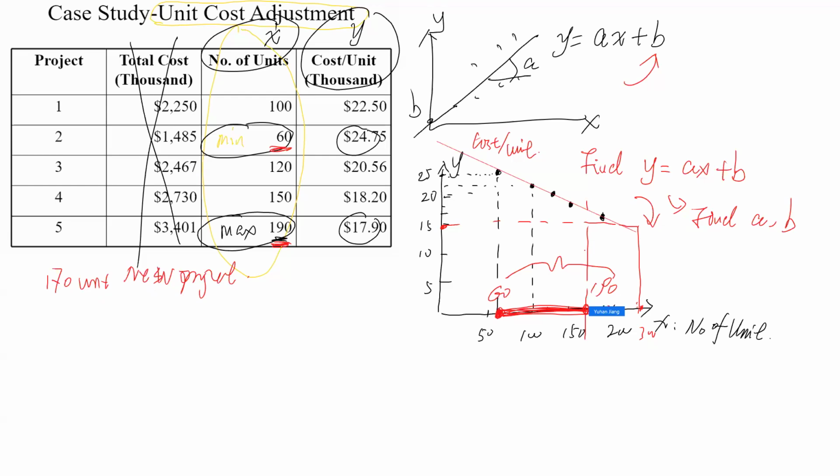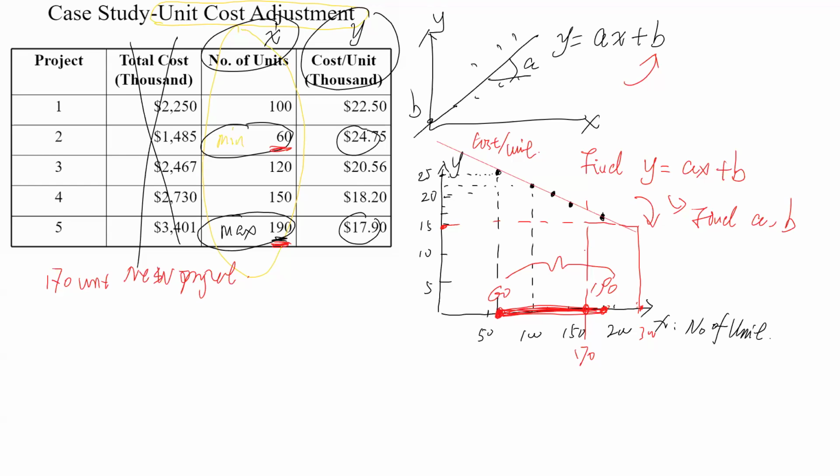That means if we define this straight line by y equals ax plus b, then we put 117 in here, and we're able to get this y. Once we get this y, the cost per unit, we multiply it by 117 and get the total project cost, right?